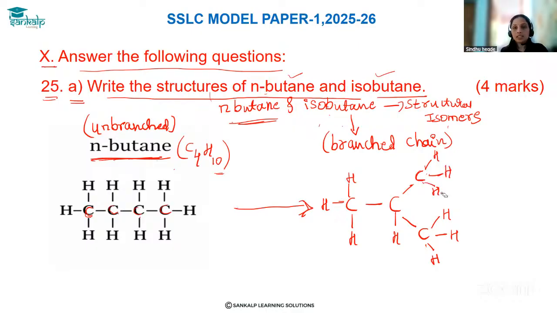See, this is the structure of isobutane and this is the structure of n-butane. The difference is that n-butane has an unbranched chain but isobutane is formed in a branched chain. Both have the same molecular formula but the structure is different. That's why we call them structural isomers. Okay, so this is the answer.